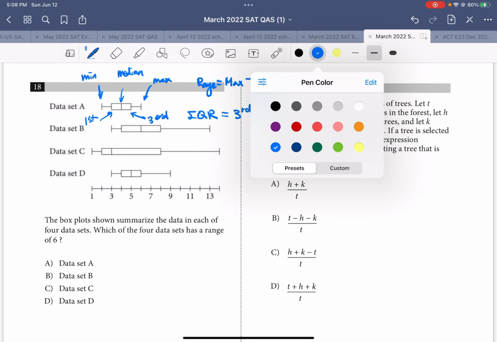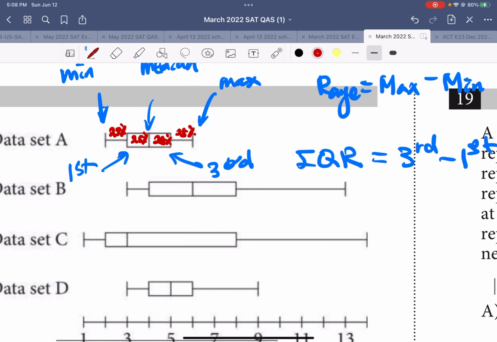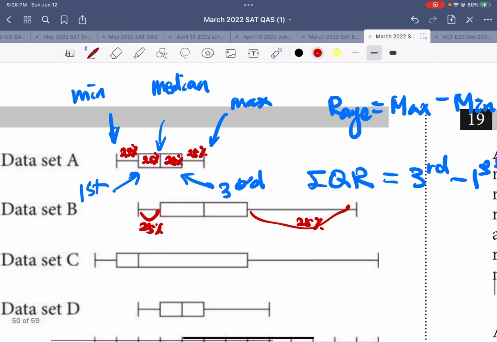Another important thing you should know is this one is 25% of the data, and this is 25% of the data. Even if this one is shorter compared to this, it is still 25% of the data. Okay, I want you to remember that. So now this box and whisker plot shown summarizes the data in each of the 4 data sets.